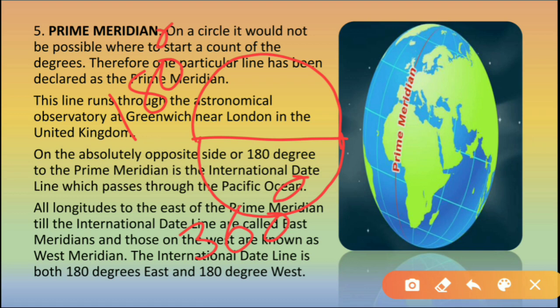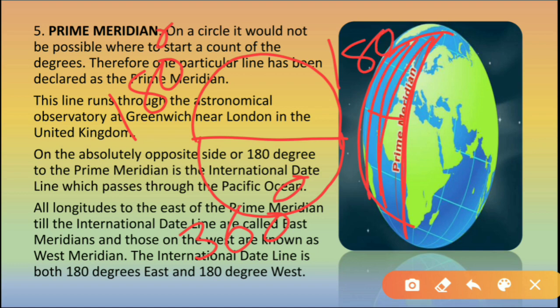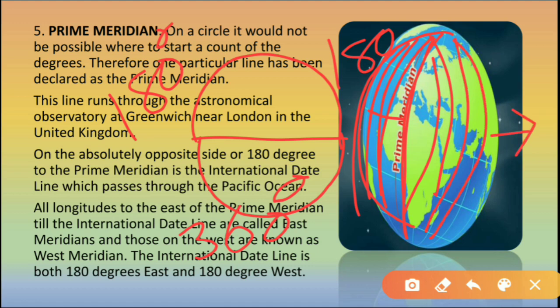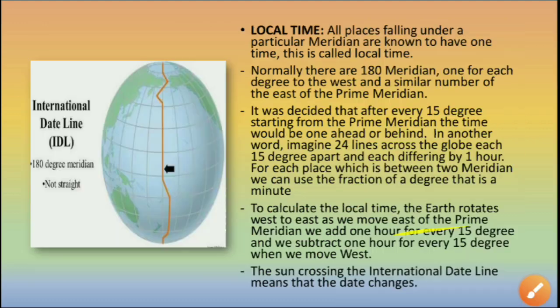In the same way, this is the center and suppose this is the half. So the half side has a total of 180 longitude lines, and towards the eastern side also there are 180 longitude lines, known as eastern meridians. Understood, students?